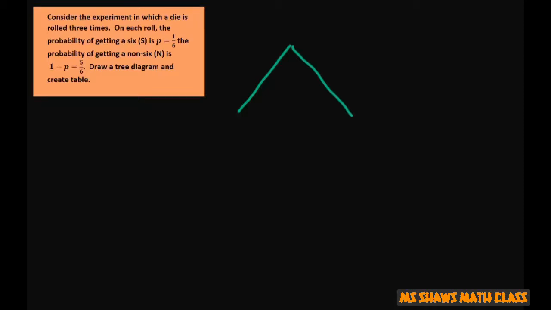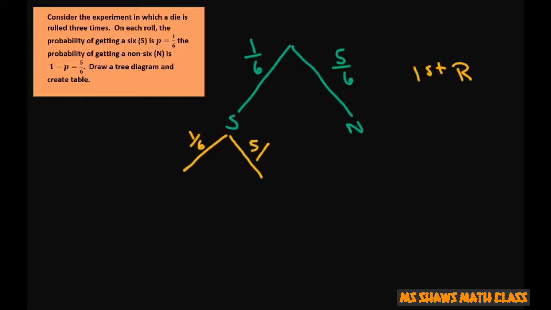And you're either going to get a 1/6, so that's for the 6, or a not 6 would be 5/6. Now those two add up to 1. So this is the first roll. The second roll, you can either get from this one, 1/6 or 5/6.